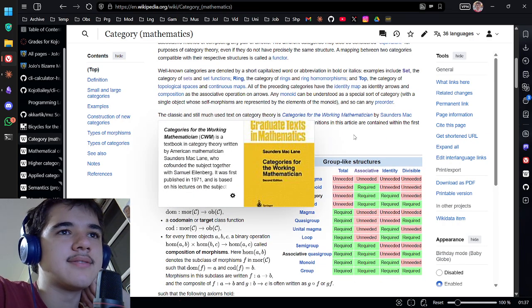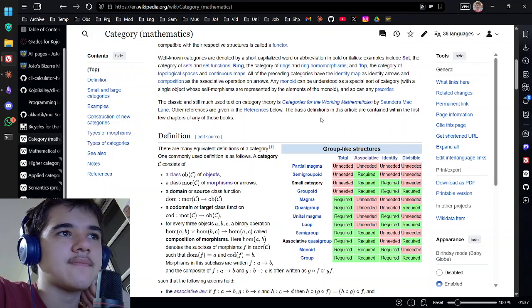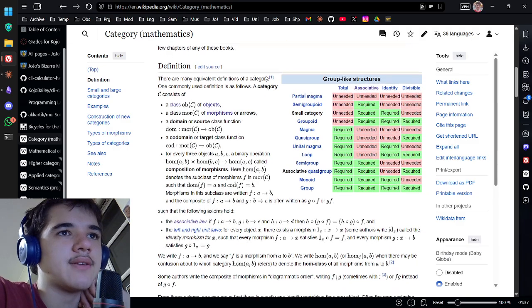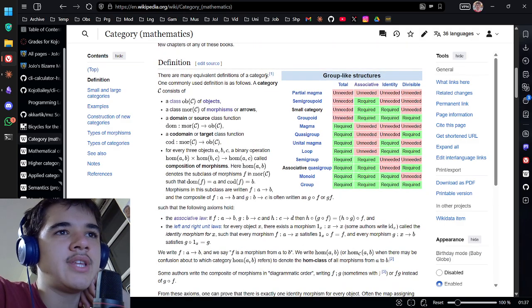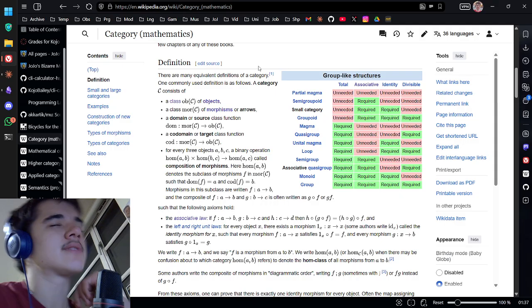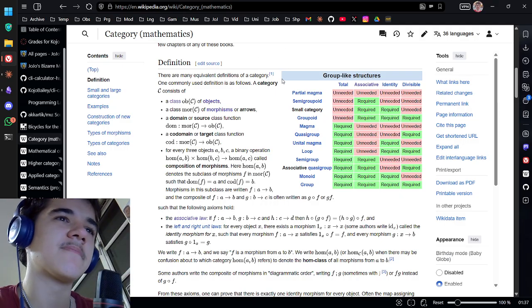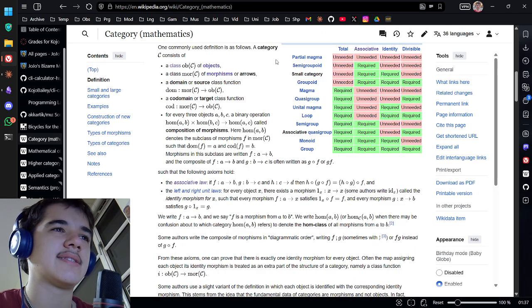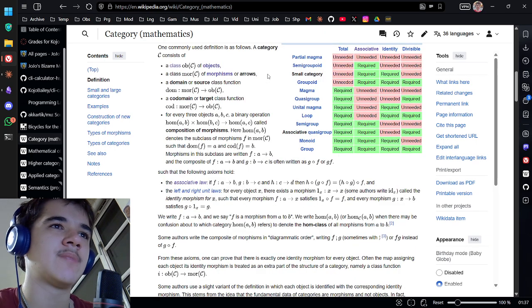Why is there a text? Okay. There are many equivalent definitions of a category. So it's not fully agreed upon, which doesn't surprise me for something that is so abstract. A category C consists of a class of objects, morphisms, a domain or source class function.